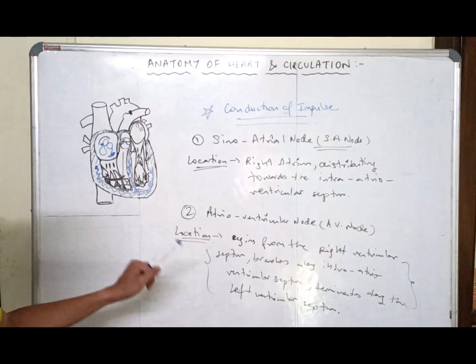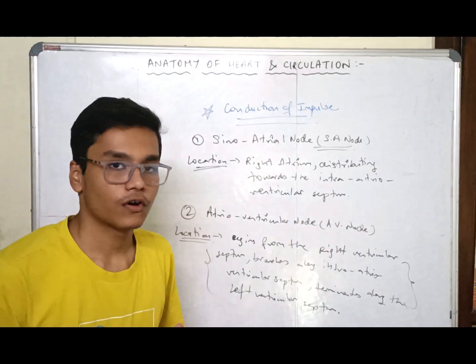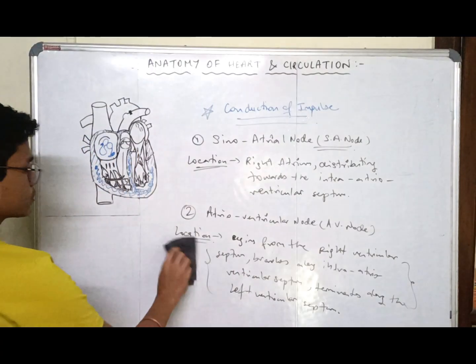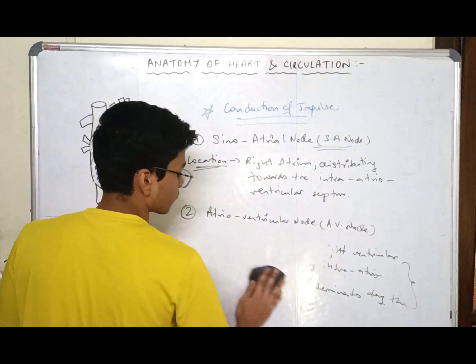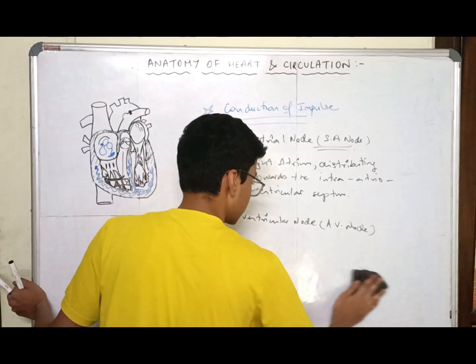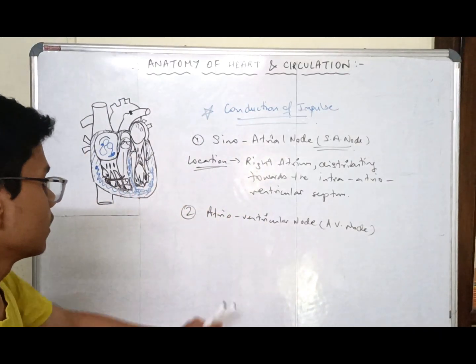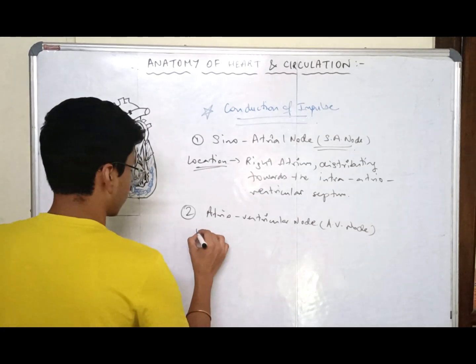Now, the origin of these nodes. I'm just going to be rubbing out the locations. If you have not written it, then you can skip the video back 10-15 seconds and write it down. Now, the atrioventricular node's origin.